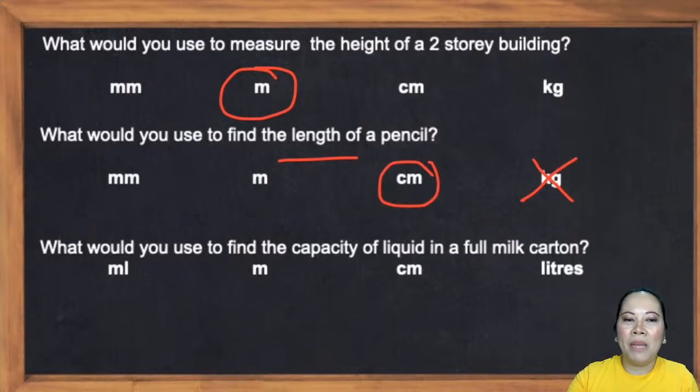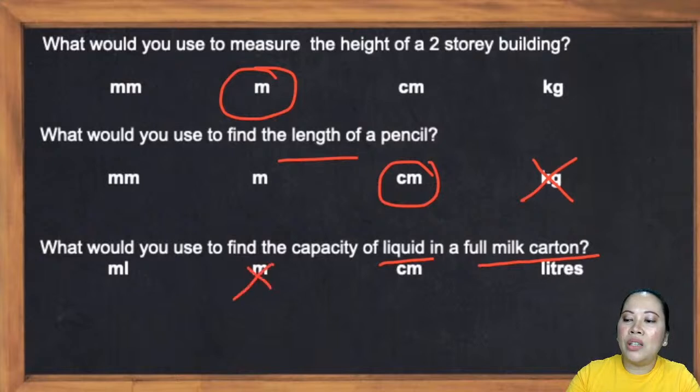Yes, that's right, Mahablanca. And the last one, what would you use to find the capacity of liquid in a full milk carton? Okay, this is liquid, only the milk, a full cream milk carton. Will you use meter and centimeter?